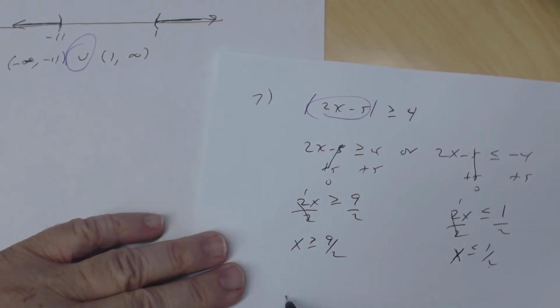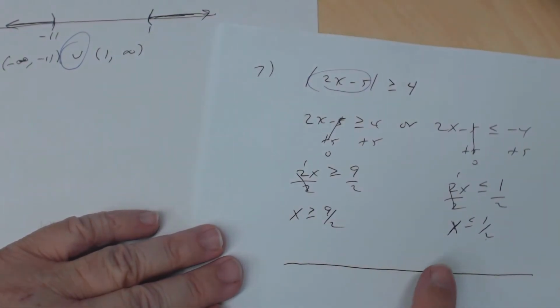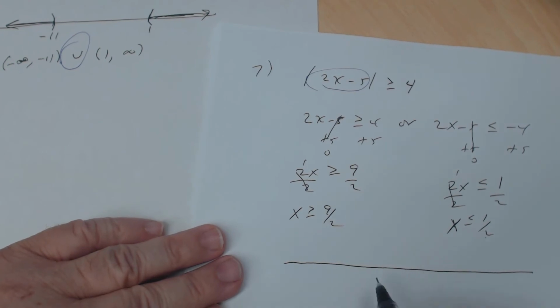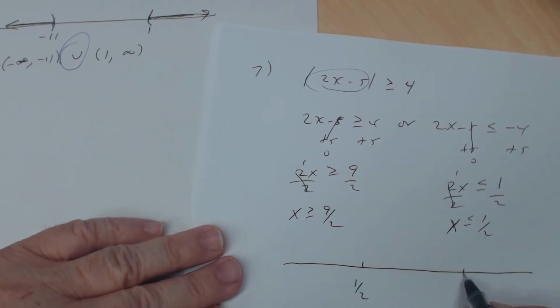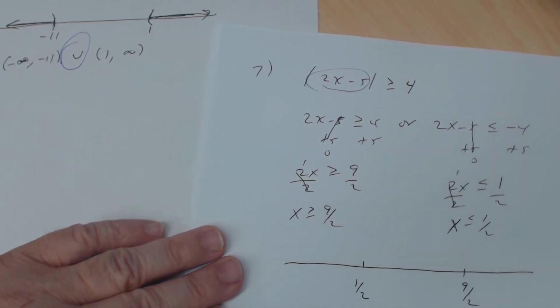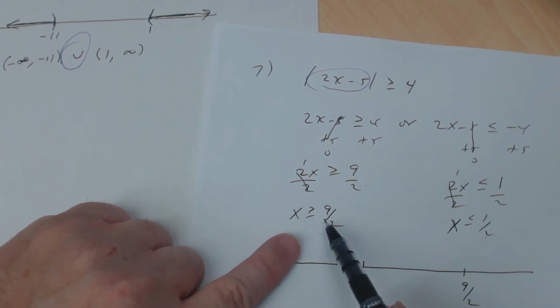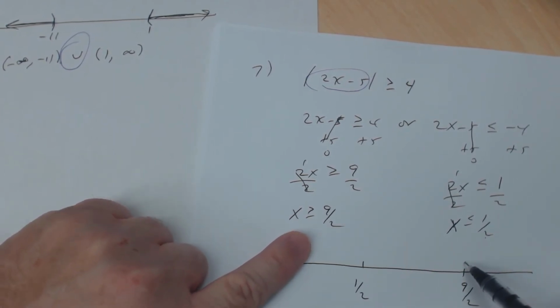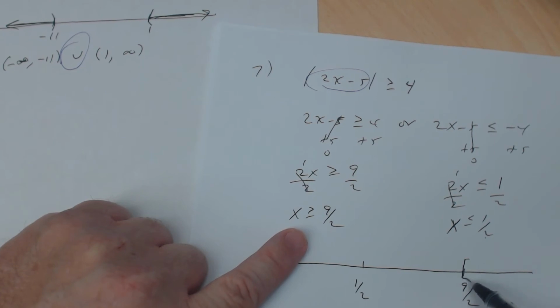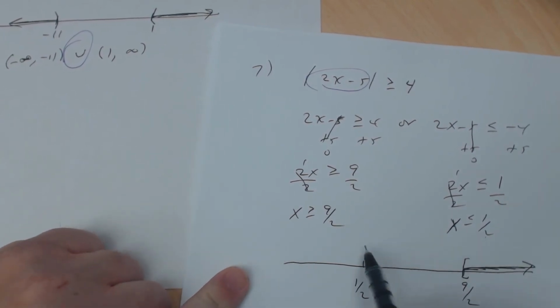In terms of a graph, remember you go from left to right, from smallest to largest. 1/2 is smaller than 9/2, so put 1/2 first, put 9/2 second. So x is greater than or equal to 9/2. Since there's an equal sign, you use a bracket. Looks like this. x is less than or equal to 1/2.